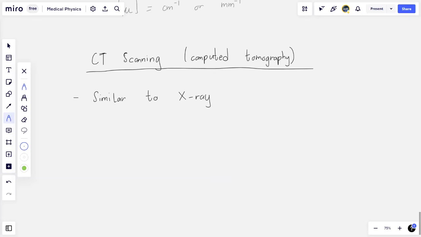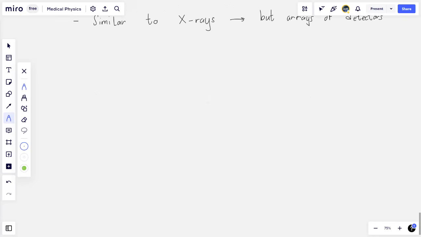It's actually a collection of X-rays. CT scans are similar to X-rays, but instead of using a single detector, we have an array of detectors. We have many detectors, and the setup is basically something like this.